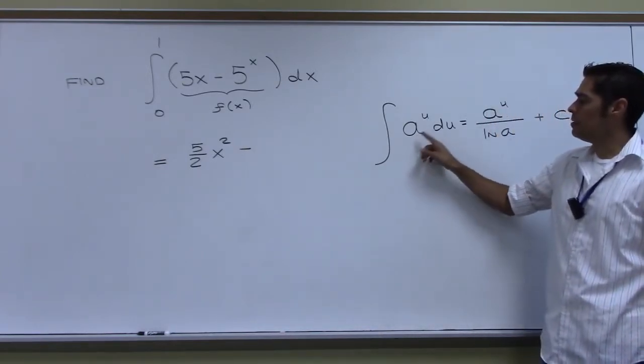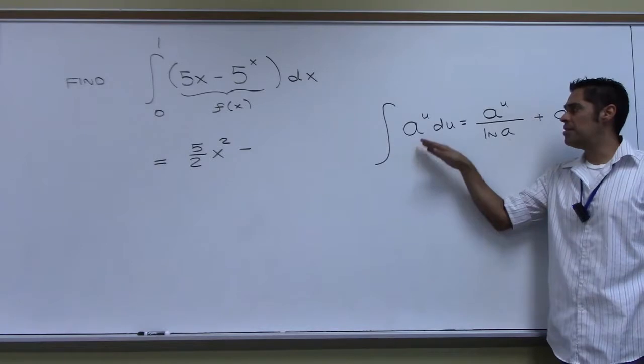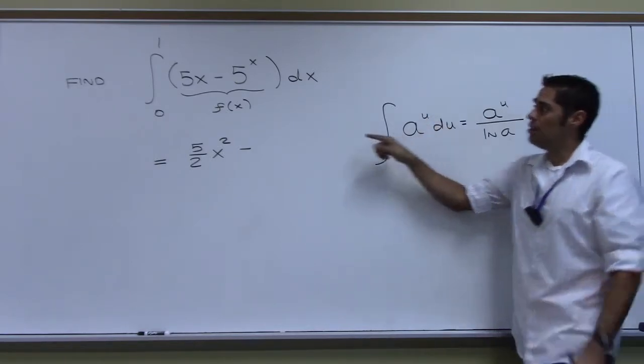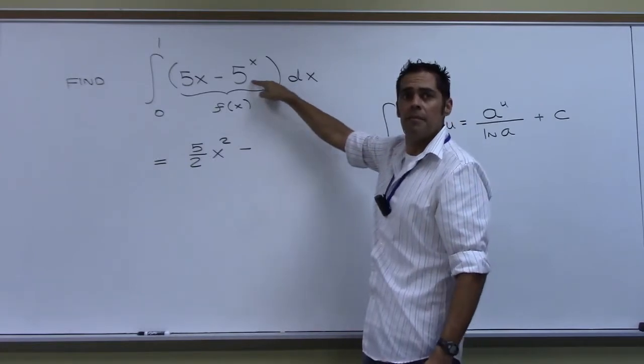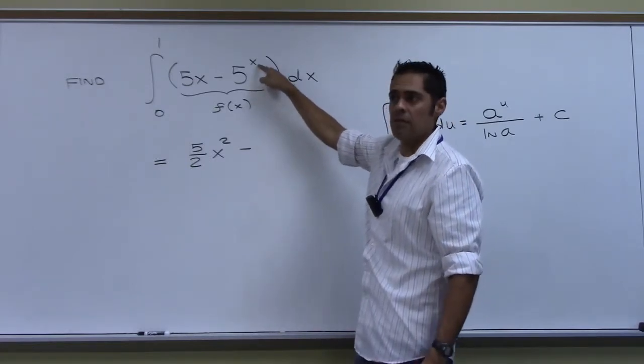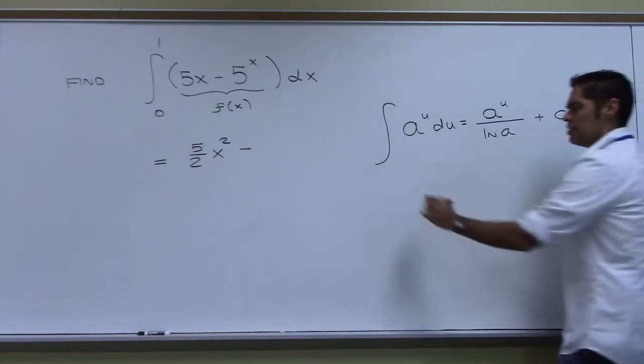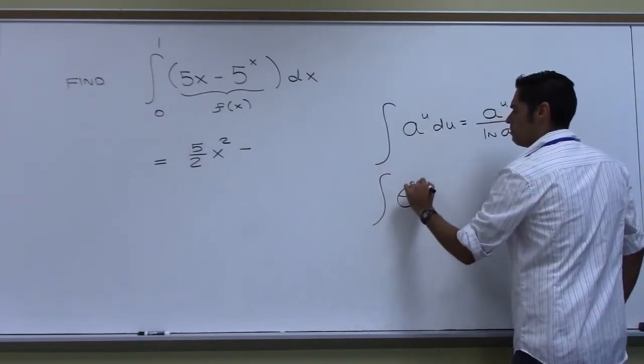So you know that you're using this formula because a is a number. The variable in the problem is u. So here a is 5, right? And the variable we have is x. So that's why we're using this formula. Now, does this formula work if you have e to the x?